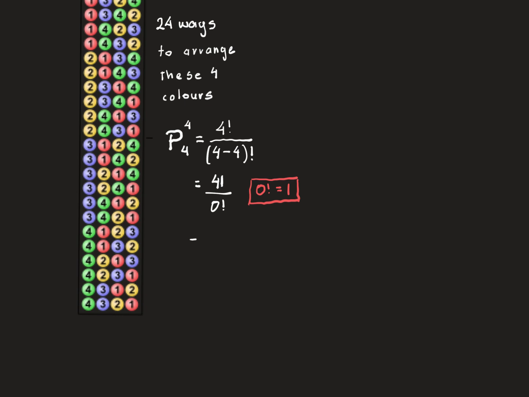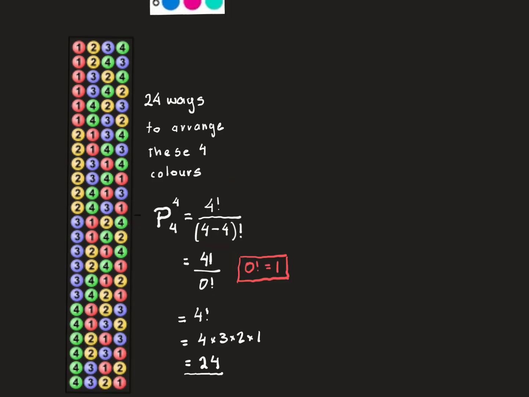So factorial 4 can be written as 4 times 3 times 2 times 1, which is going to give us 24 different ways.